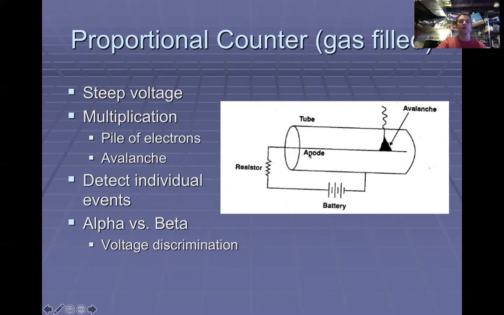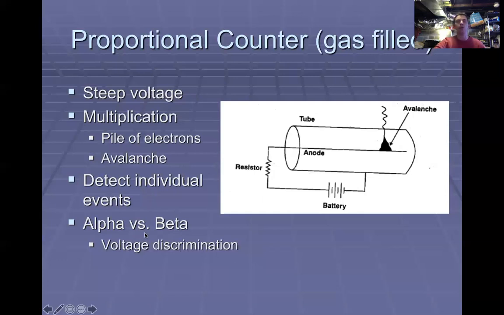And the reason for that is that these detectors are very useful for discriminating between alpha radiation and beta radiation. So there's situations where you want to know if contamination is an alpha particle or a beta particle. It's useful because there's different limits for contamination for these two types of radiations.